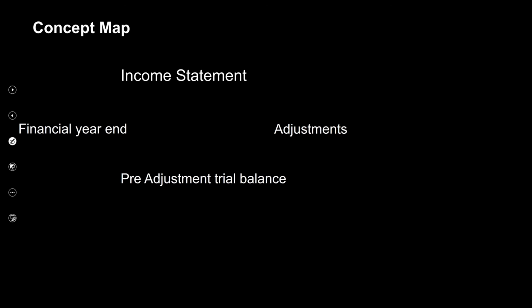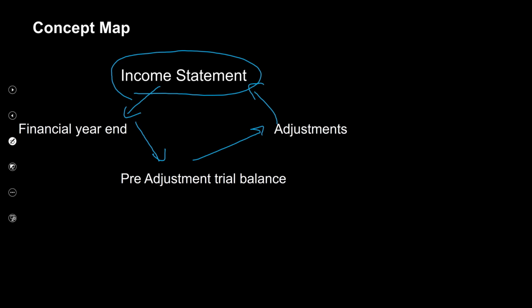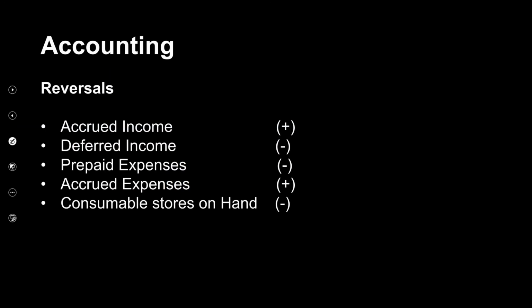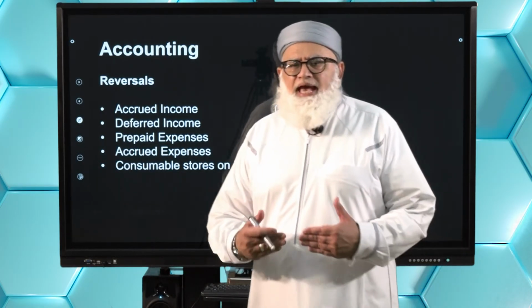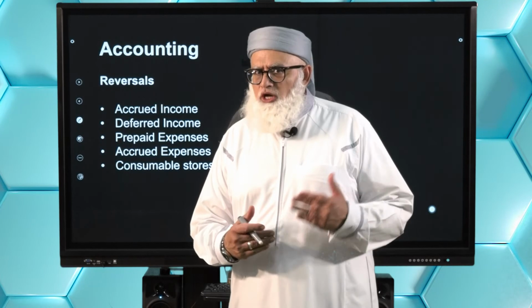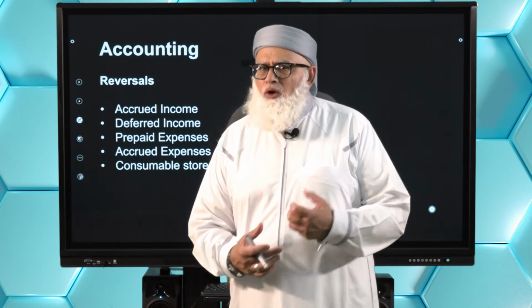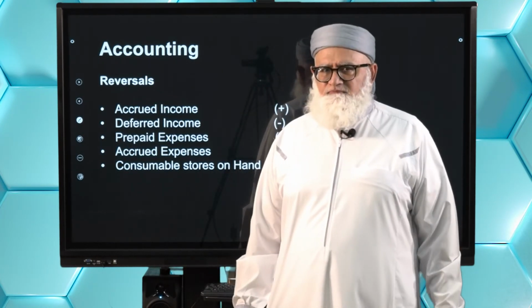Remember what we're busy with? Adjustments. We said the income statement, end of the financial year, you start with your pre-adjustment figures, you do your adjustments, and then you complete your income statement. Now, very often, candidates tend to get confused, or learners don't understand what we mean by a reversal.